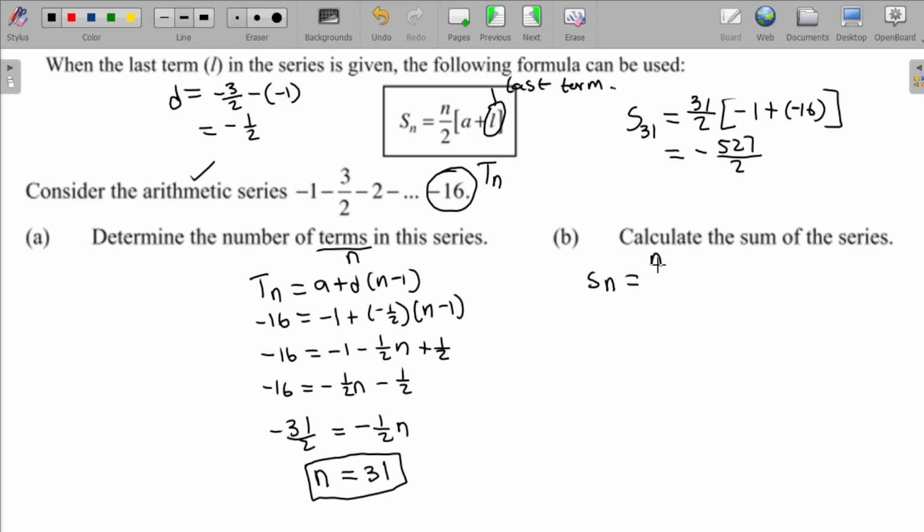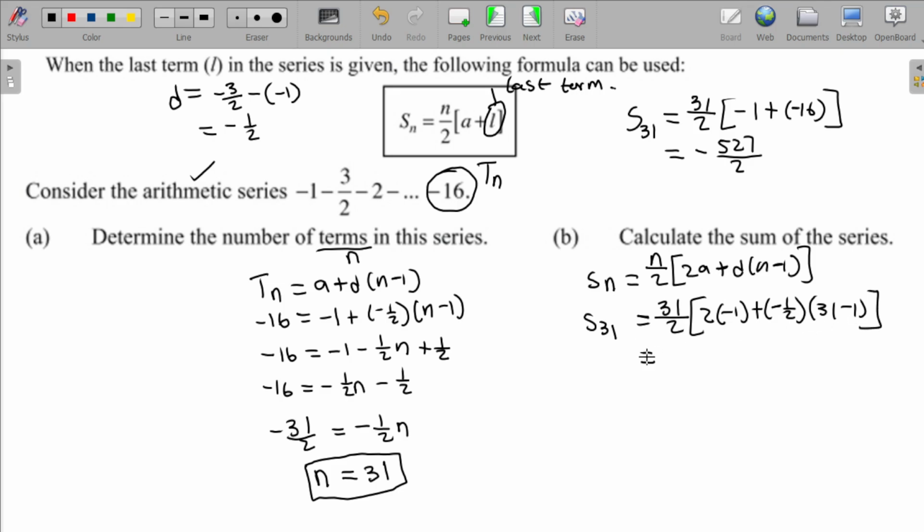Let's see, is it going to give us the same answer or no? So S31 is equal to 31 over 2, and then 2 into my first term, which is negative 1, and then plus my d, negative 1 over 2, into 31 minus 1.